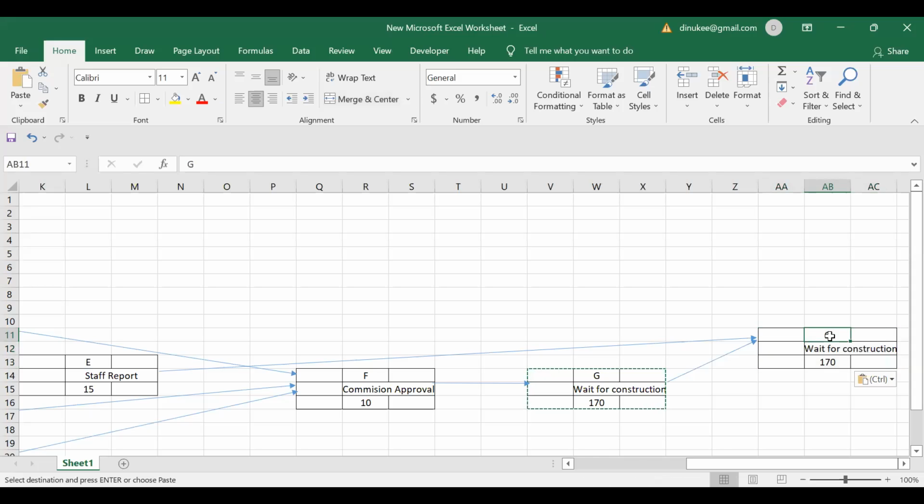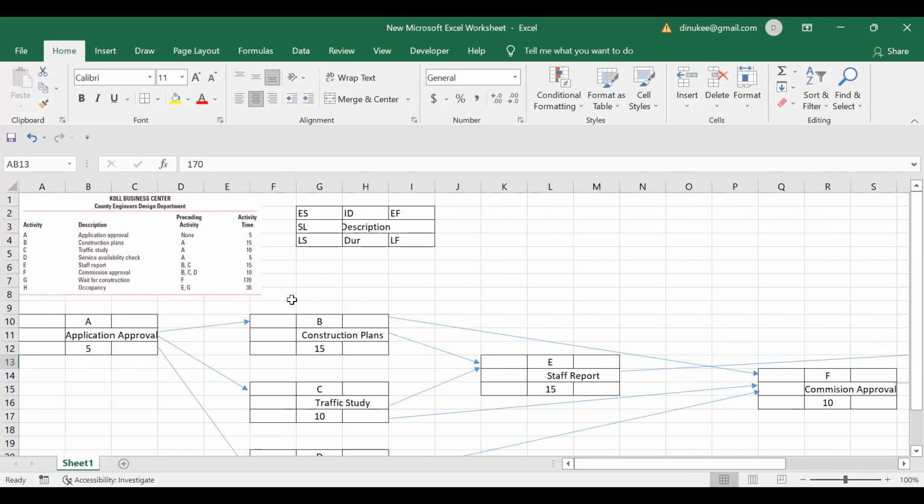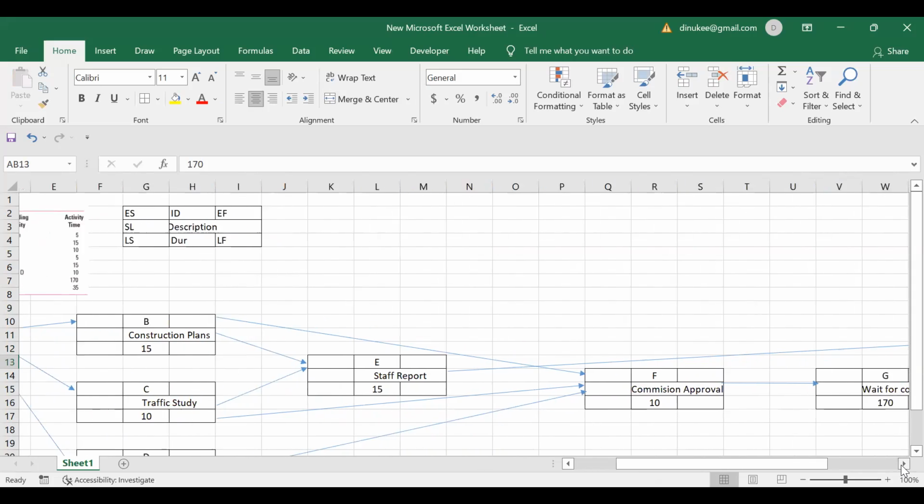So the name is H, the description is occupancy, and the duration is 35.